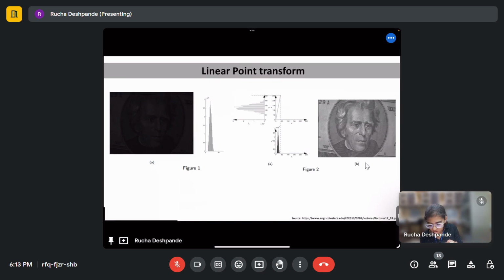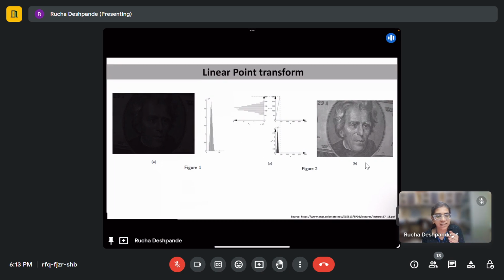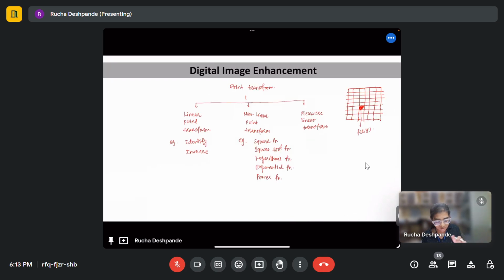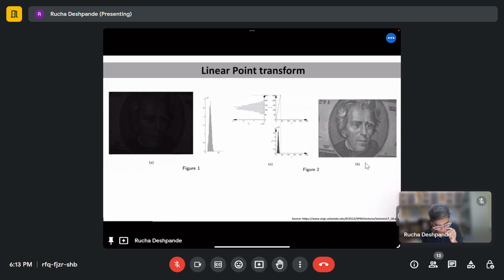Okay. So let's see an example of linear point transform, which is this. So let's look at this image. This first image is appearing very dark to us. This is the histogram of this first image. Here the values are 0 to 50. This is an 8-bit image, right?